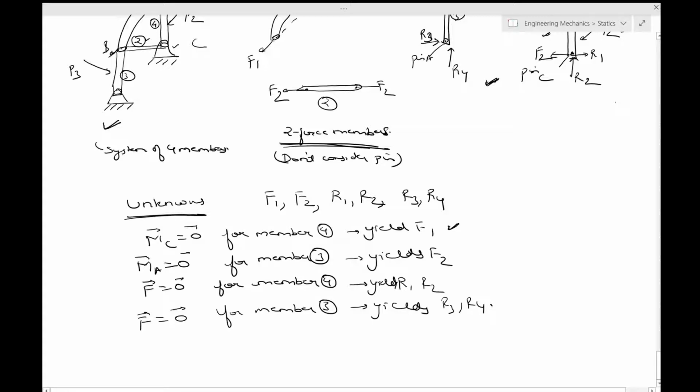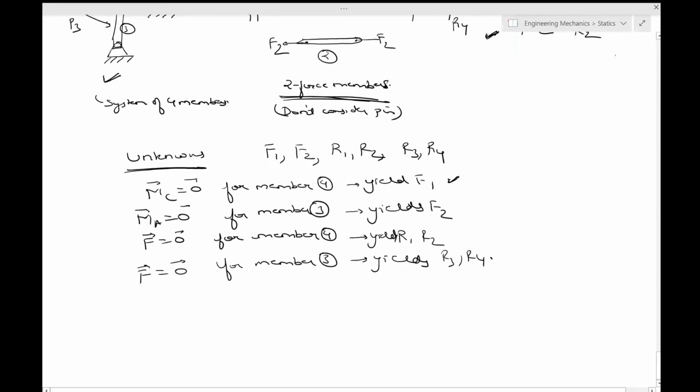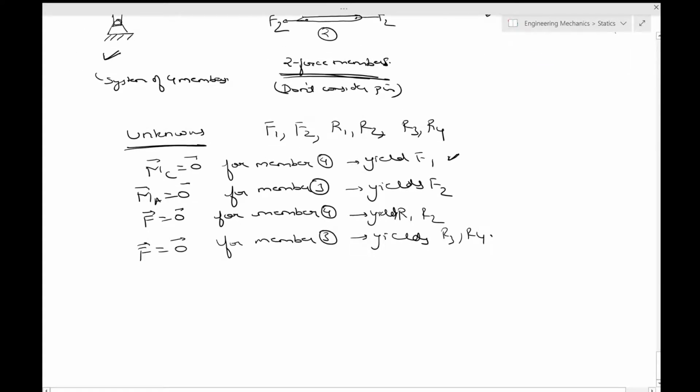When you notice it, please look at the thought process behind this. You may not agree to it at that moment, but you should at least be able to appreciate the thought process behind choosing a system, or in what system I am taking the frame, pin joint and so on. So that's what we can learn, and when you actually solve your problems, then you can do it either way, and that also gives an experience.